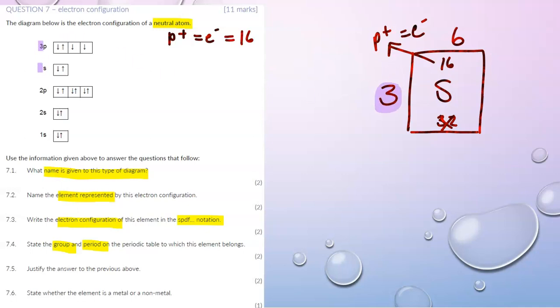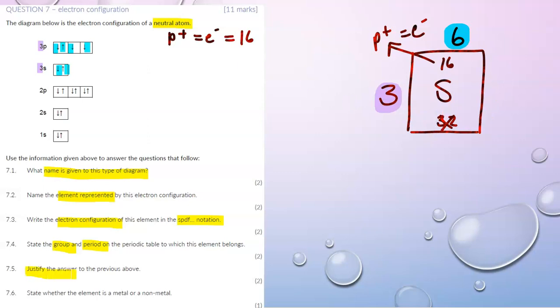So the highest number that I have is 3. And this 6 tells me how many electrons are in the outside energy shell. And there I have 1, 2, 3, 4, 5, 6. So I didn't need to go to the periodic table, but since I will always have a periodic table with me, there's nothing wrong with going there first.